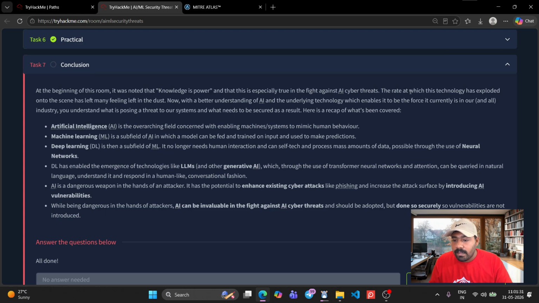The rate at which this technology has exploded onto the scene has left many feeling left in the dust. Now, with a better understanding of AI's underlying technology, which enables it to be the force it currently is, you understand what poses a threat to our systems and what needs to be secured as a result.